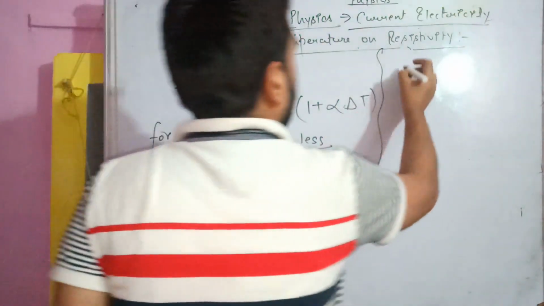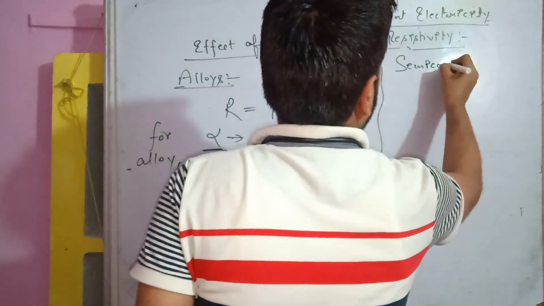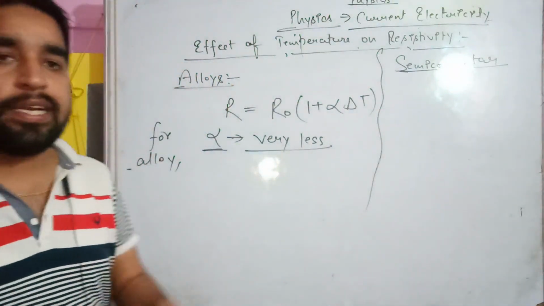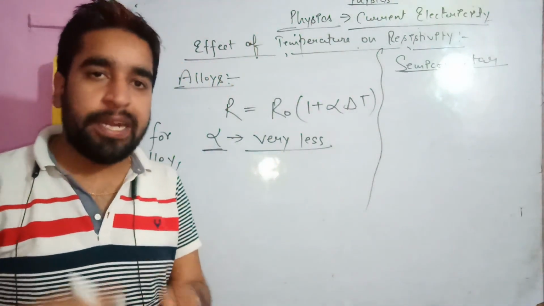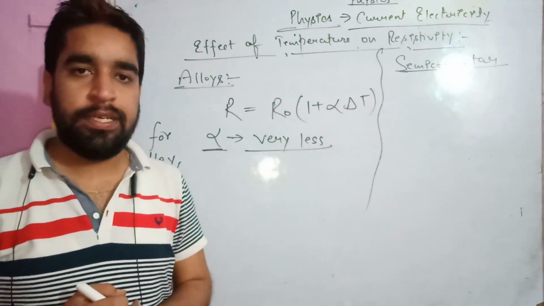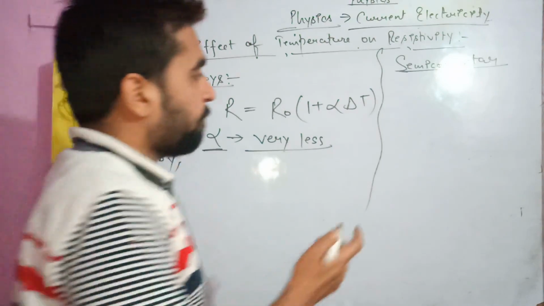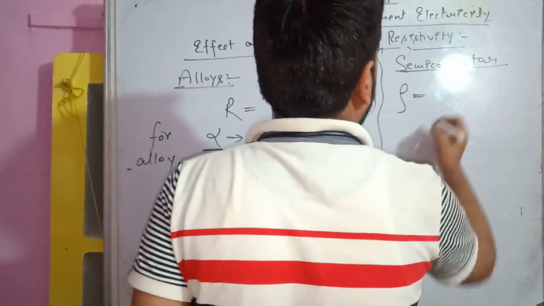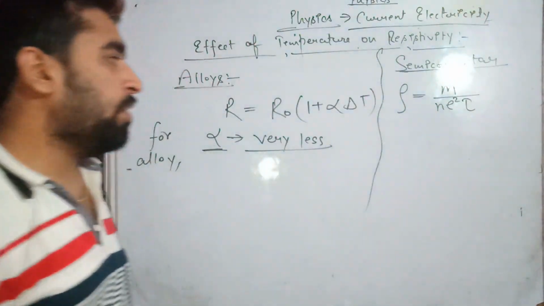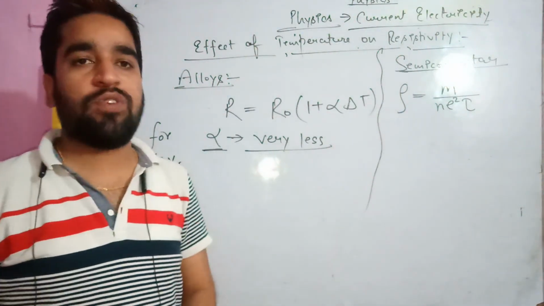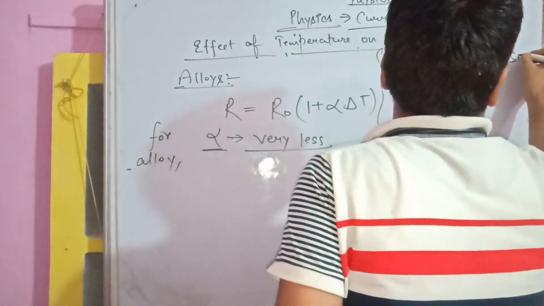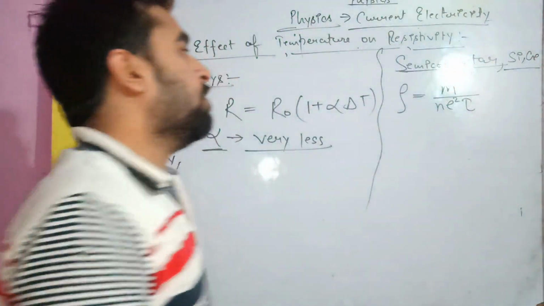Now, what is the effect of temperature on semiconductors? Suppose we are increasing the temperature. Because of the increment in temperature, what is the effect on resistivity for semiconductor materials? So students, imagine, if you remember one equation I already explained: rho is equal to m upon n e square tau. For a semiconductor, we can consider examples, say silicon and germanium. These both are semiconductor materials.